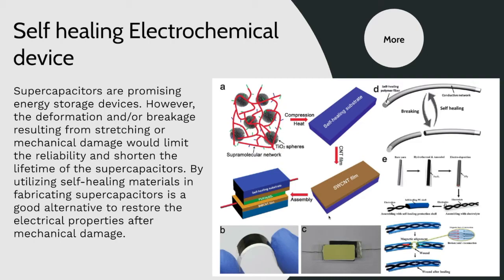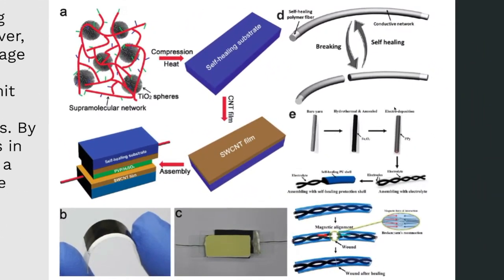A, B, C is the same profile, and D and E is a different profile. In D and E, you have the fiber, the conductive network, breaking the materials.